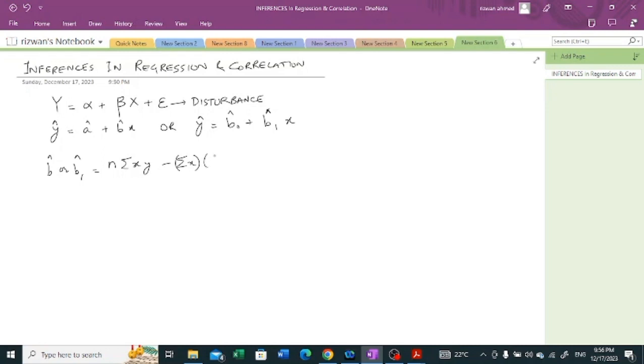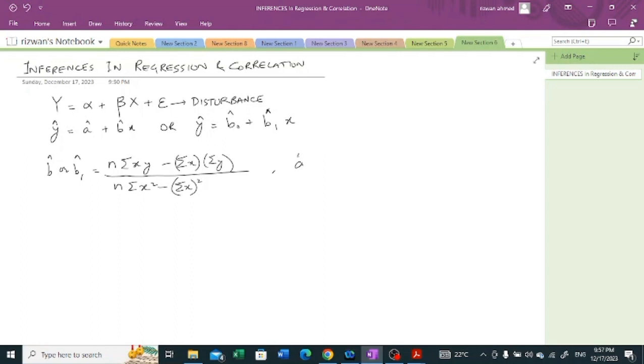We take the covariance factor in the numerator, that is based upon both x and y, their joint product and the sum, and the product of the sum of two individual variables x and y, divided by SXX, or the numerator of the variance formula. This is how we can write it down.